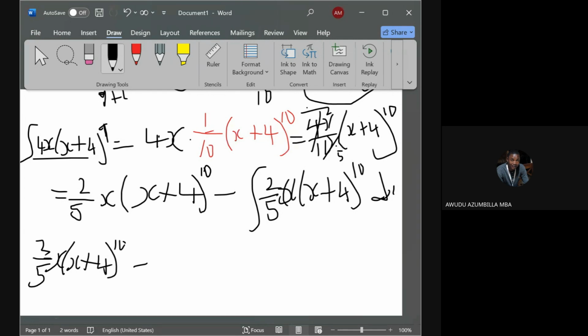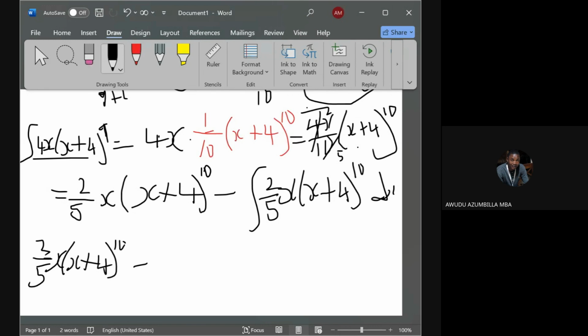let's integrate this one. Take note that I said earlier that when we are integrating this form of function, you integrate the function as a whole, not individual variables, because it's a composite function. You cannot integrate only x alone or only 4 alone, they are together.